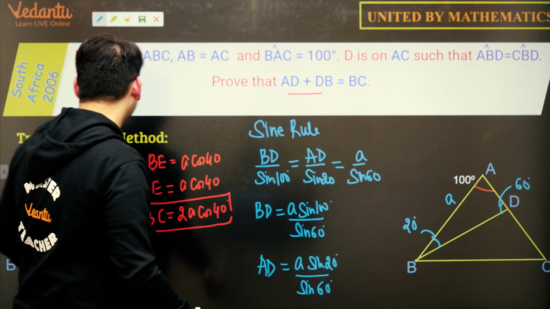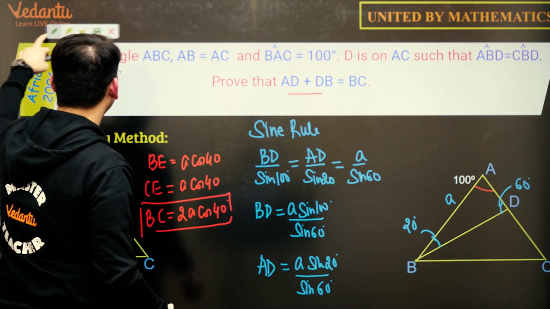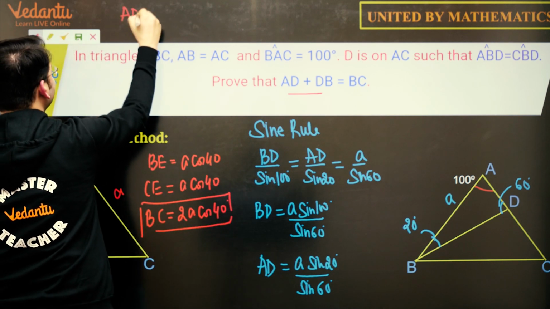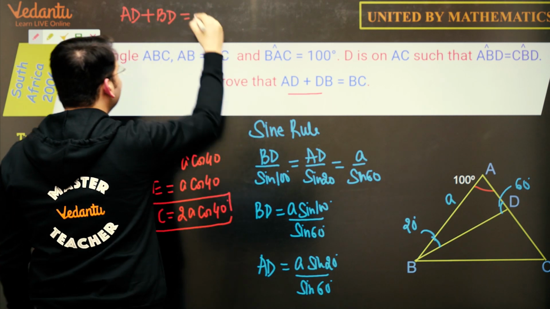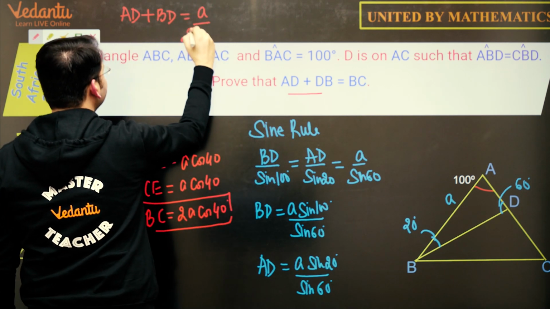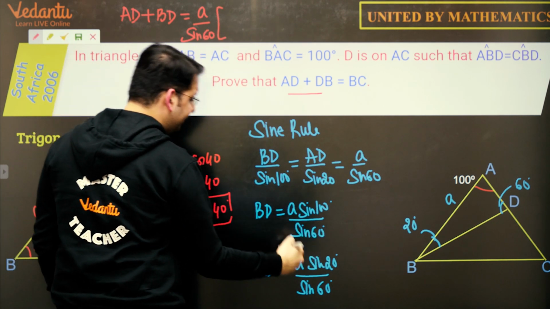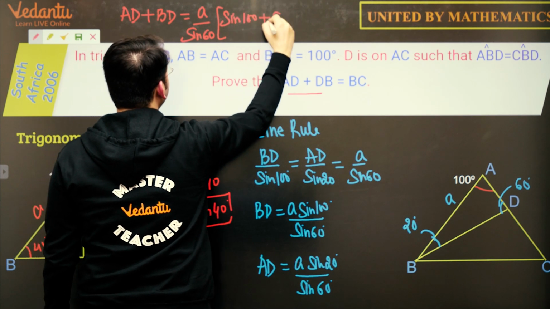Let us add these two up and see if we can reach the solution or not. So if I add these two up, AD plus BD would be A upon sine 60 can be taken out, and it will be sine 100 plus sine 20.